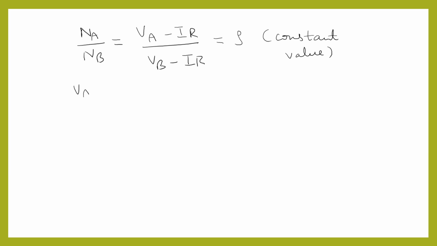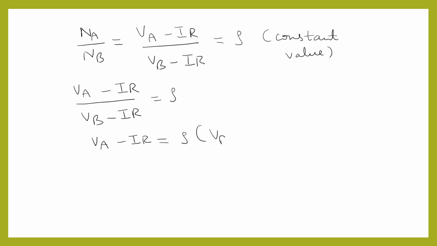Therefore, (VA − IR) by (VB − IR) is equal to rho. So, VA − IR is equal to rho into (VB − IR), which is equal to rho into (V − VA − IR).